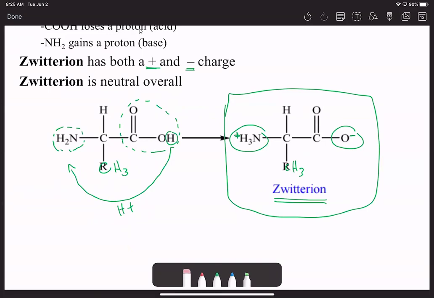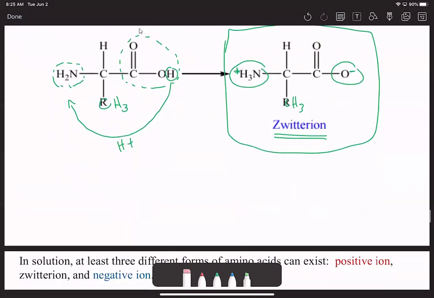If we only had one, we would not consider that to be a Zwitter ion. So here, if we only ionize the carboxylic acid, this is not a Zwitter ion.